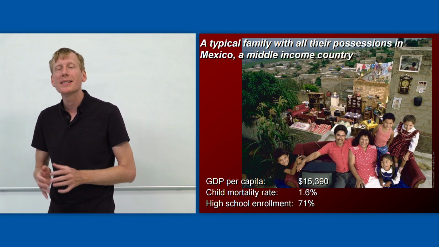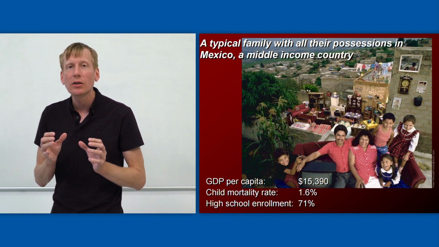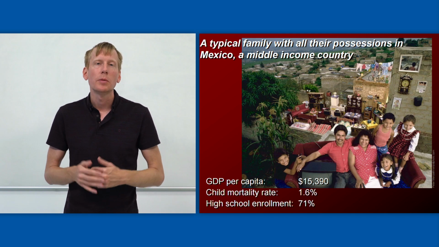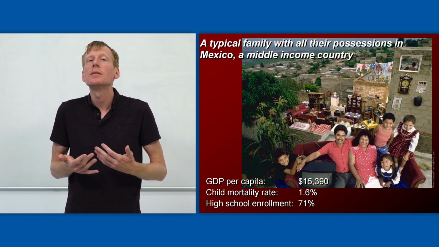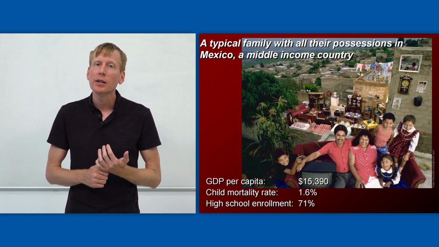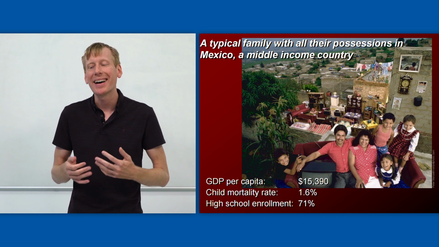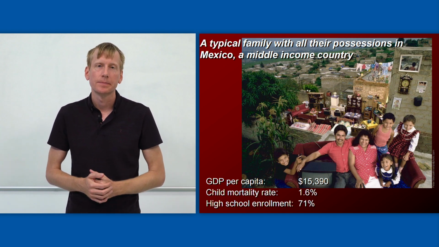Whereas in the United Kingdom, it's 98%. So we can see that the child mortality rate rises as GDP is reduced. And we can see that the high school enrollment rate rises as GDP rises. Middle-income countries tend to have lower educational attainment rates and higher child mortality rates than do high-income countries.